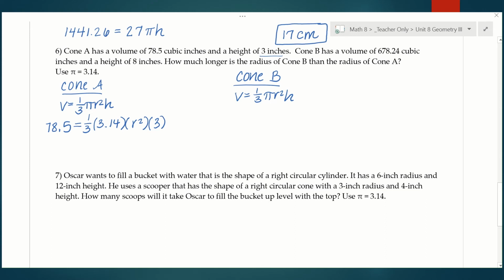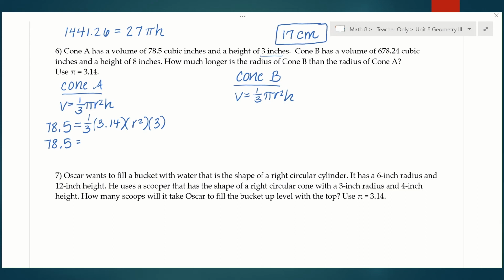Okay, so just like in the last problem, we have to get all of our numbers combined here. So let's do 1/3 times 3.14 times 3. Those are all of my numbers on the right side that can be multiplied together. Thinking through this quickly, 1/3 of 3 is 1, because it's just like saying 3 divided by 3.